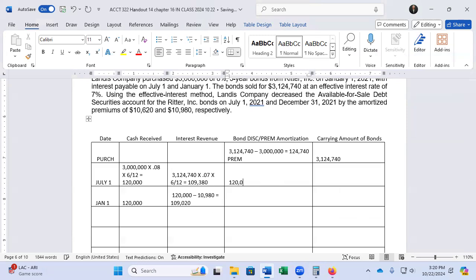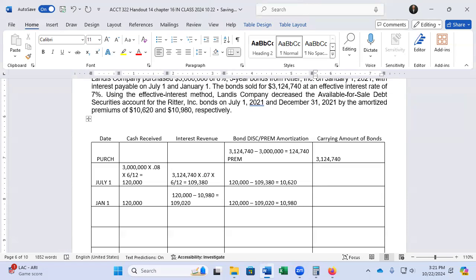And then the 120 minus the 109,380 should give us 10,620. And the 120,000 minus 109,020 was 10,980.